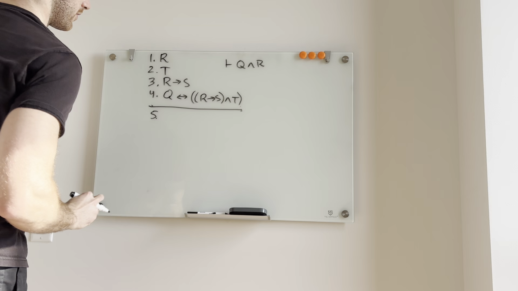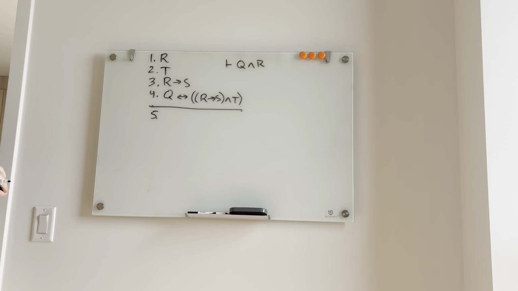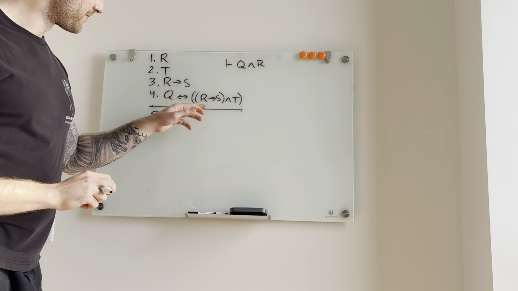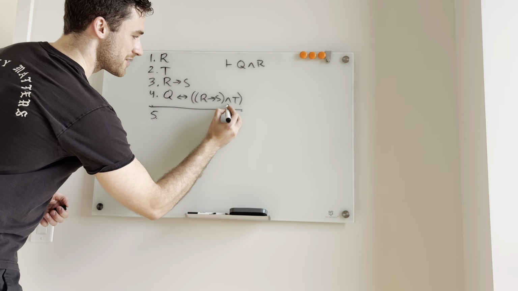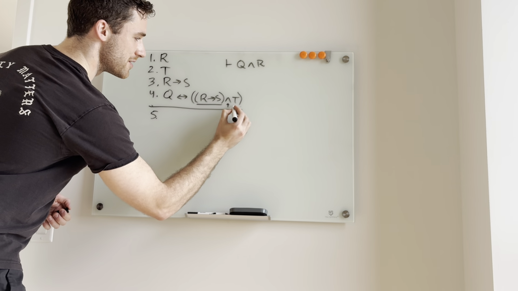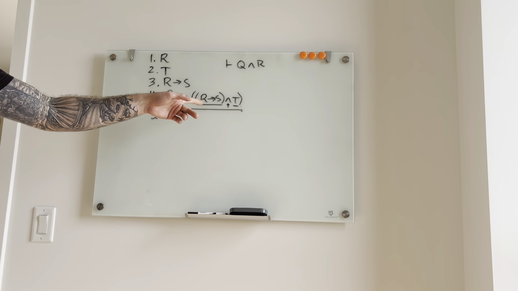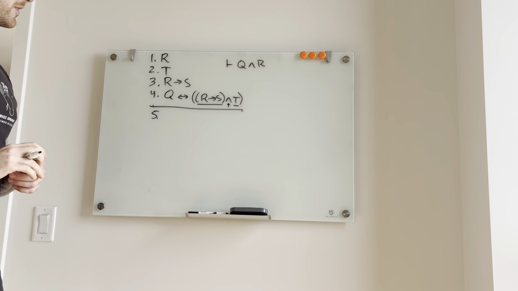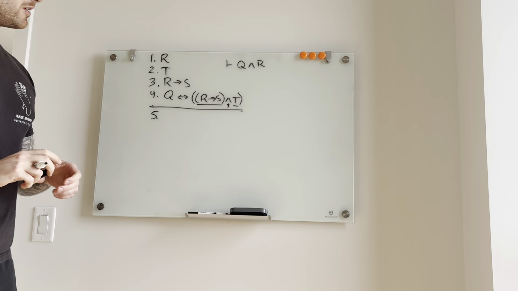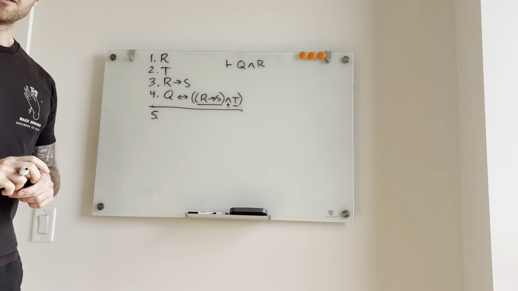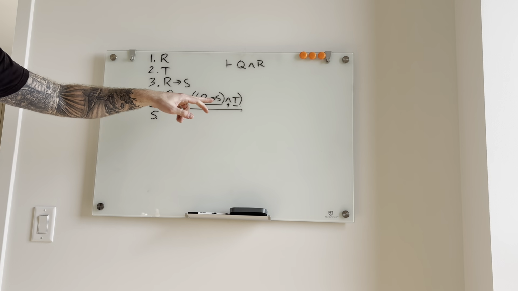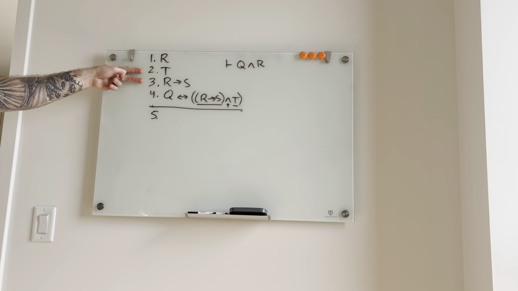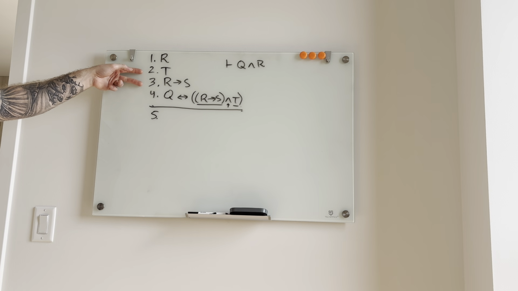Okay, so this turns out to be easier than it looks. This right here is an and statement, right? It's an and statement between two sentences. R arrow S, that's its own sentence. And this and symbol connects that sentence to T. So all I have to do to construct this sort of long, scary looking sentence is take these two guys and put them together with an and symbol.